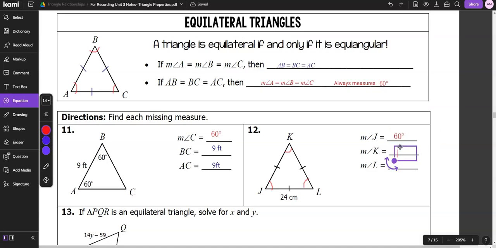So knowing this information means that we can save ourselves some time when it comes to solving for the third angle in a triangle, or even when it comes to solving algebra problems with this information, as we're about to do in the final problem on this set of notes, which is number 13.